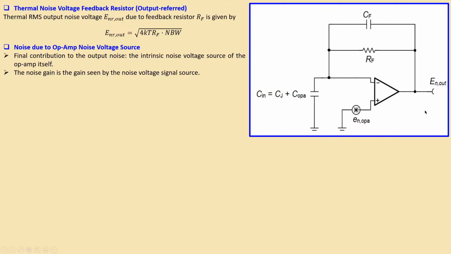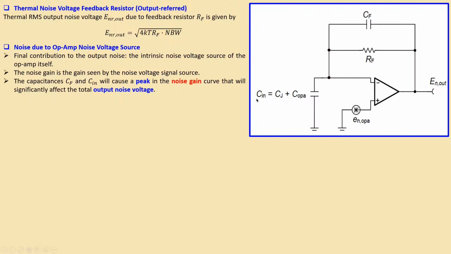That is very important. So the capacitance CF and the Cin will cause a peak in the noise gain curve that will significantly affect the output noise voltage. The noise gain will be determined by these two capacitors, not just the RF only.